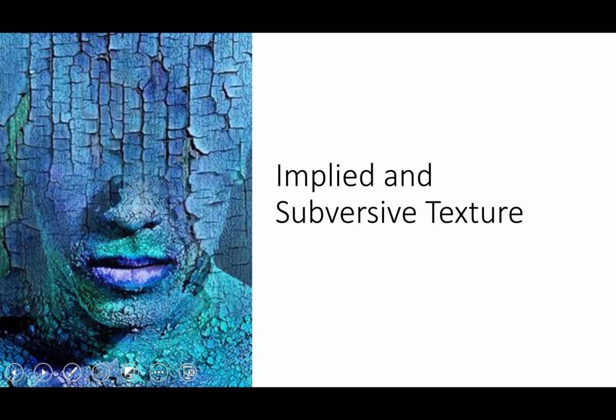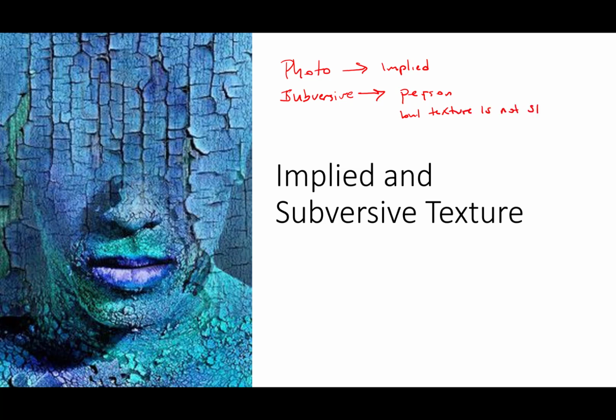And then this one is implied and subversive texture. So this is a photo, right? So that's the implied. And then the subversive texture is, of course, that it's a person, but the texture is not skin, right? It looks like tree bark. And so, again, the duality of this. And I think that's important to know. With these fundamentals, a lot of this stuff overlaps, and it's not one or the other.